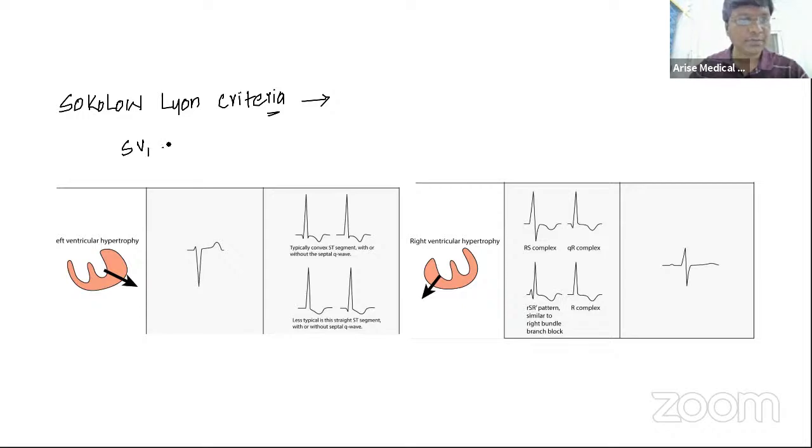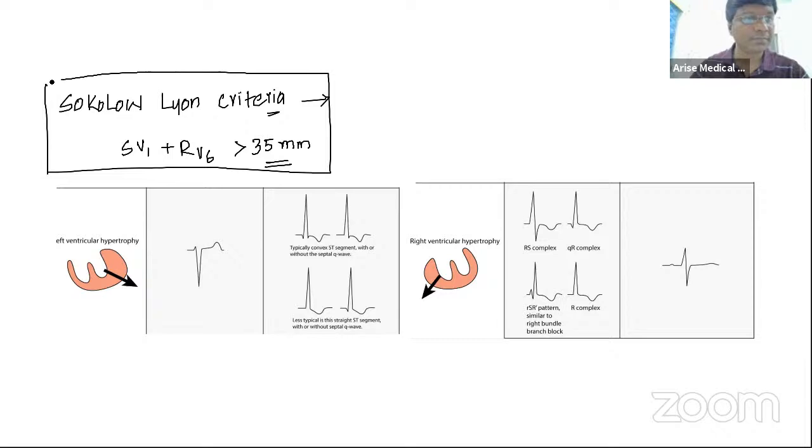SV1 plus RV6 should be more than 35 mm. That is what is called the Sokolov-Lyon criteria.